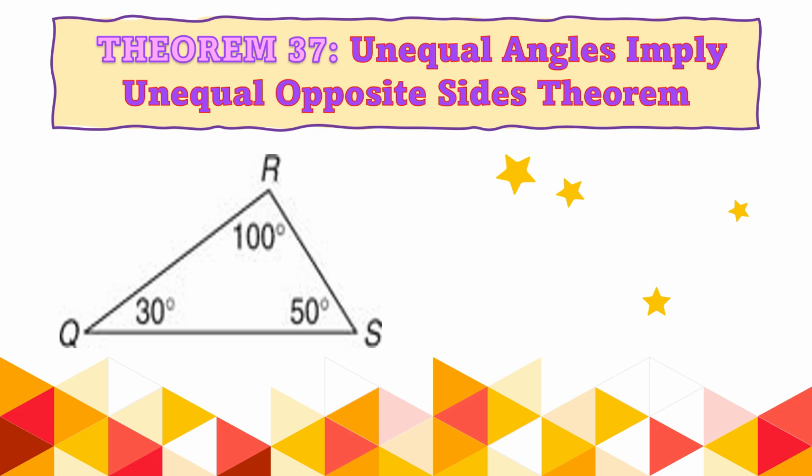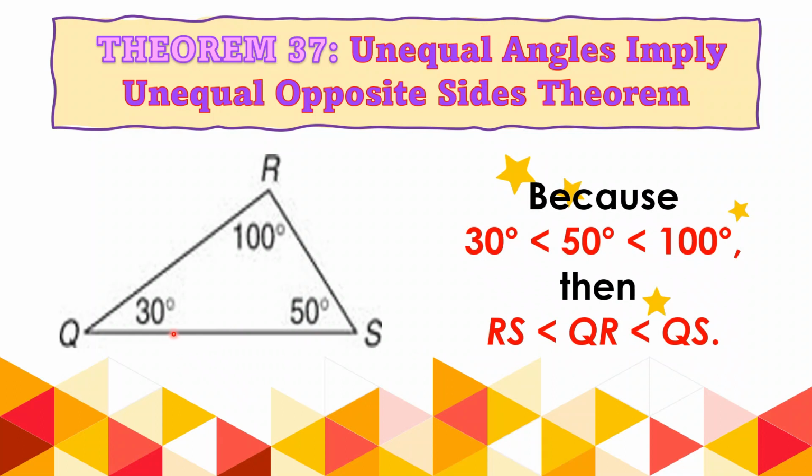Therefore, side QS is the longest side. Why? Because it is the side opposite the largest angle, while side RS is the smallest side because it is opposite the smallest angle.